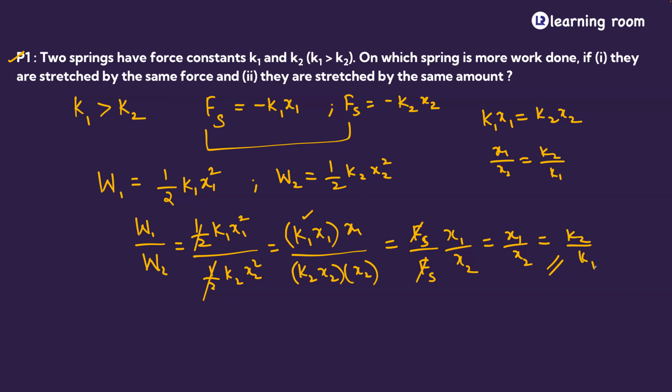So if you observe, K1 by K2 is greater than 1, so K2 by K1 is less than 1. So W1 by W2, when you started writing like this, you got K2 by K1. When K2 by K1 is less than 1, W1 by W2 will be less than 1. So W1 is less than W2.